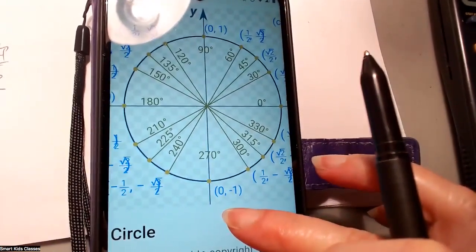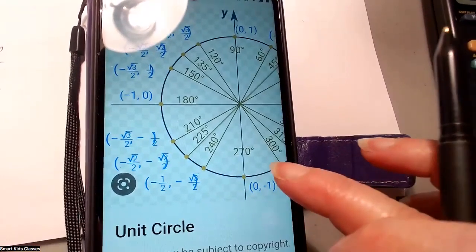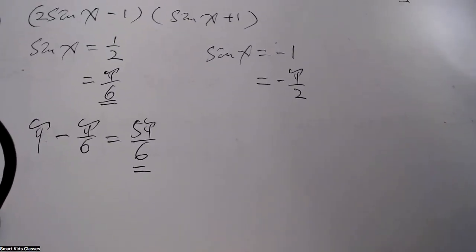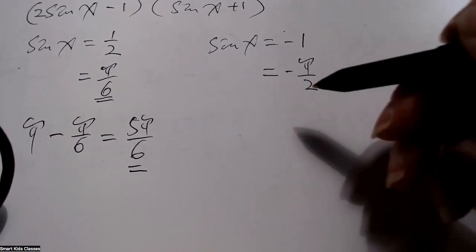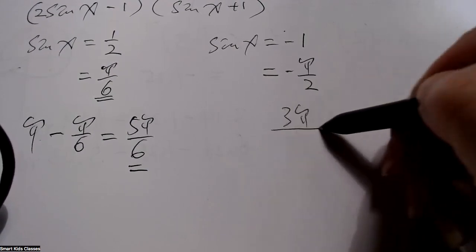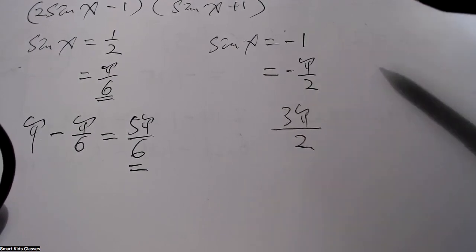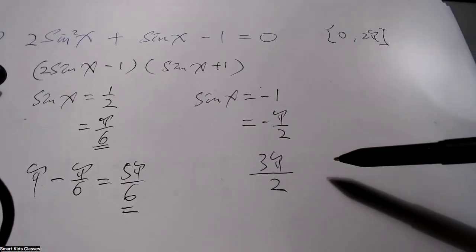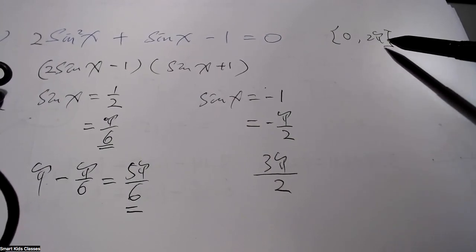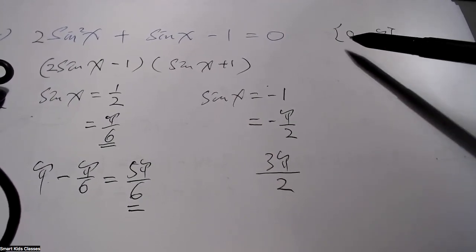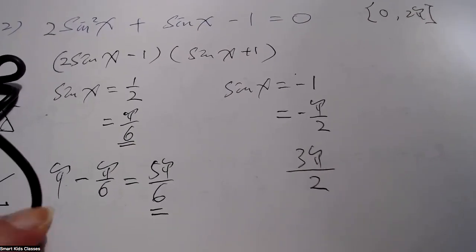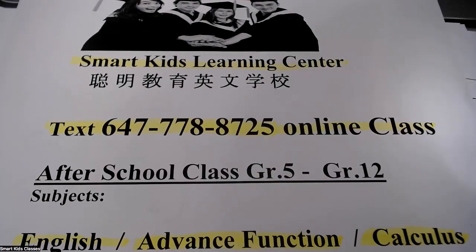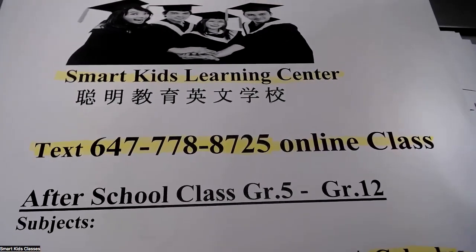For sine negative 1, it is here. It will be 270 degrees. 270 degrees is 3 pi over 2. That's how we solve the angles, giving us angles 1, 2, 3, and 4 in the interval from 0 to 2 pi. And we solve this trigonometry equation. So now we have solved all the trigonometry equations.